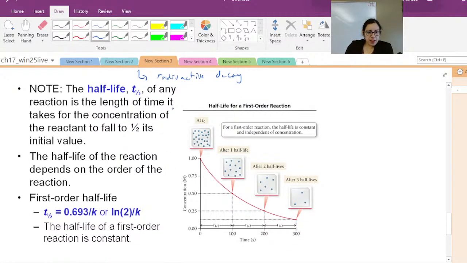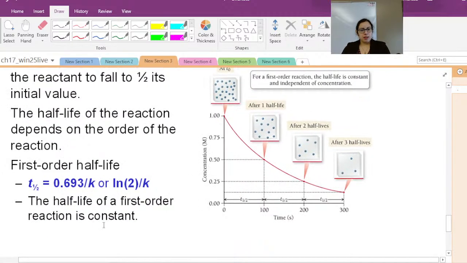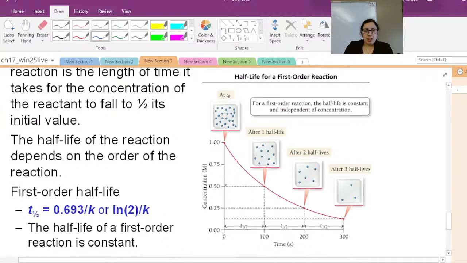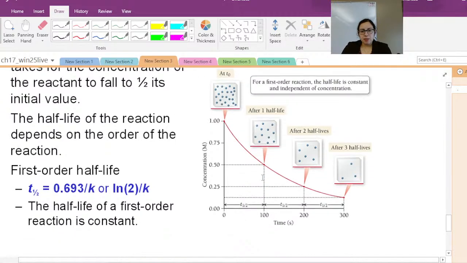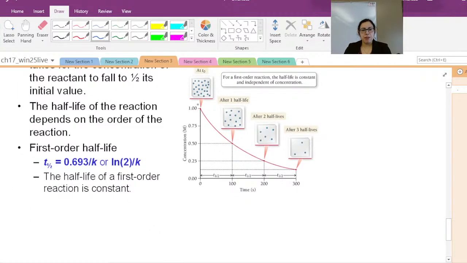The simplification for half-life is the length of time it takes for the concentration to fall to half of its value, and we have our first order reaction. You sometimes see these simplified problems where it asks, at one half-life, how much of the parent material do you have?